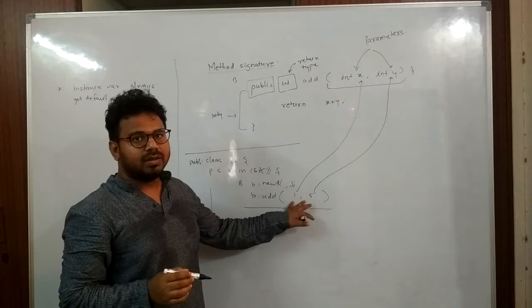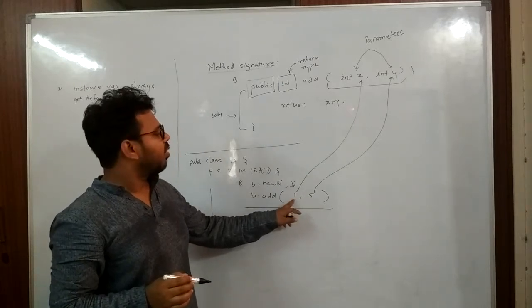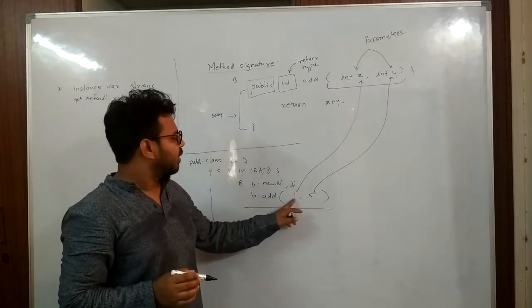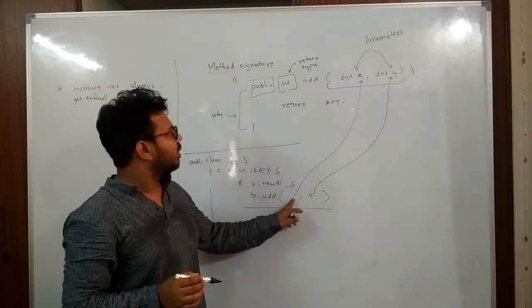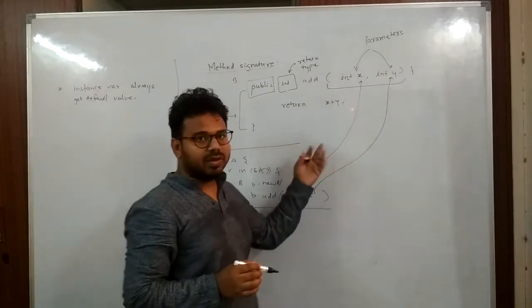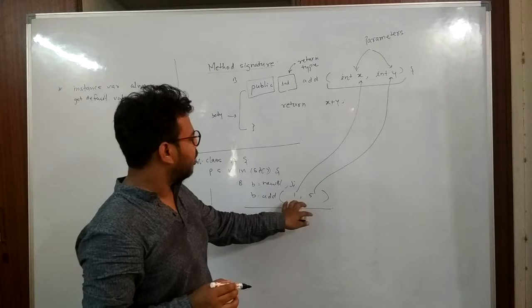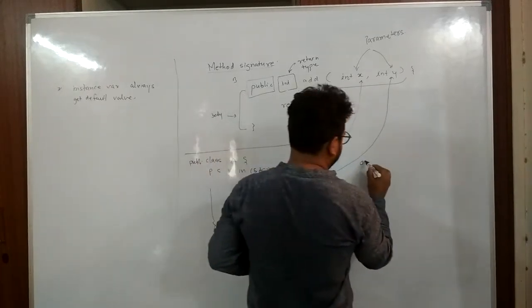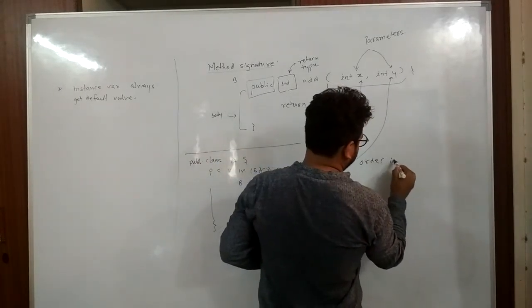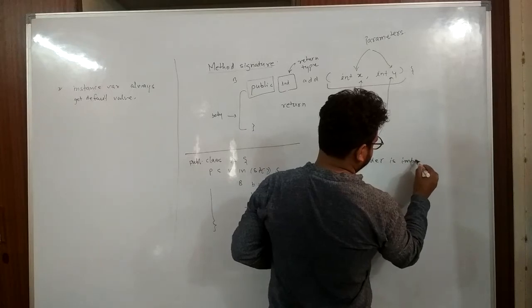So it is highly ordered, meaning order is very important here. If we interchange the order, then the variables will be interchanged. So order is very important here. Let me write it: order is important.